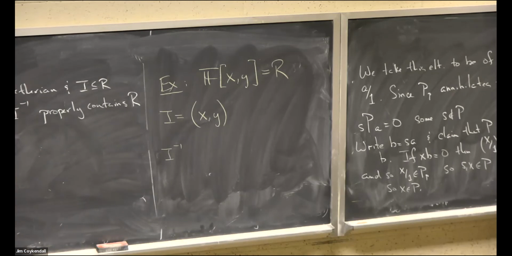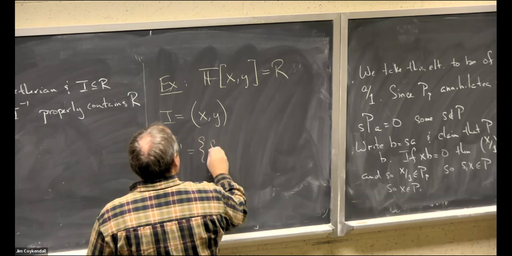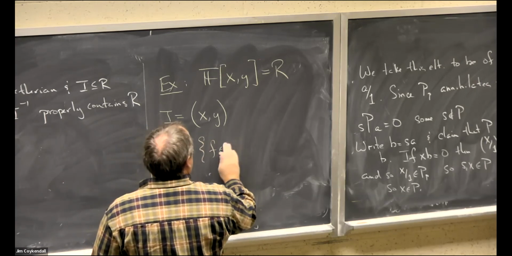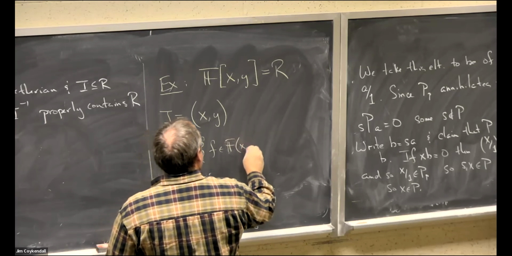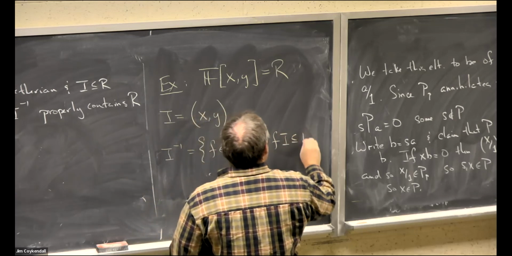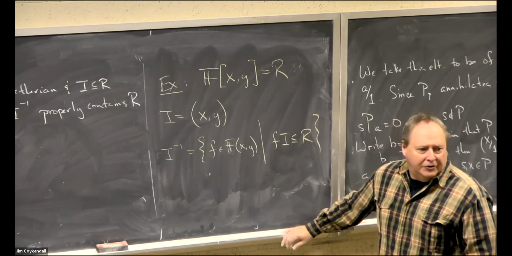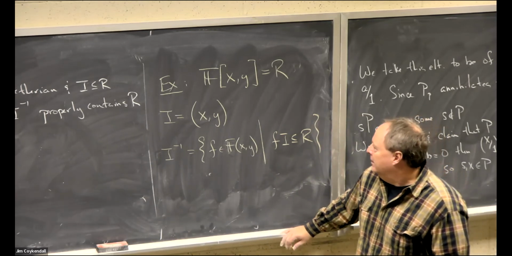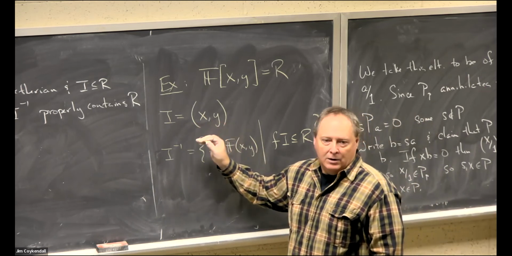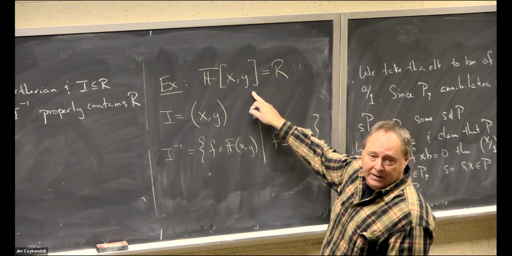What is I inverse for this? Well, let me recall, this is the set of F in K, the set of rational functions that push I back into R. Notice that, of course, the inverse will contain all of R because it's a proper ideal of R, right?